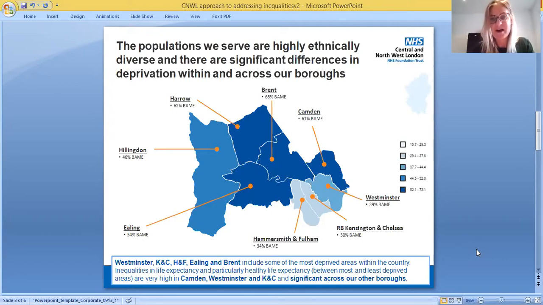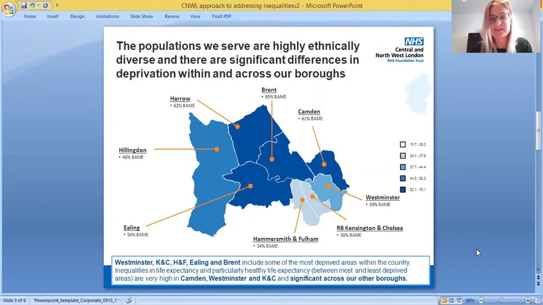However, and this is something we're working on, if you talk about our workforce and who we employ, of the 7,653, 44% of our workforce are BAME staff. However, of those, only 22% are in higher grade jobs.